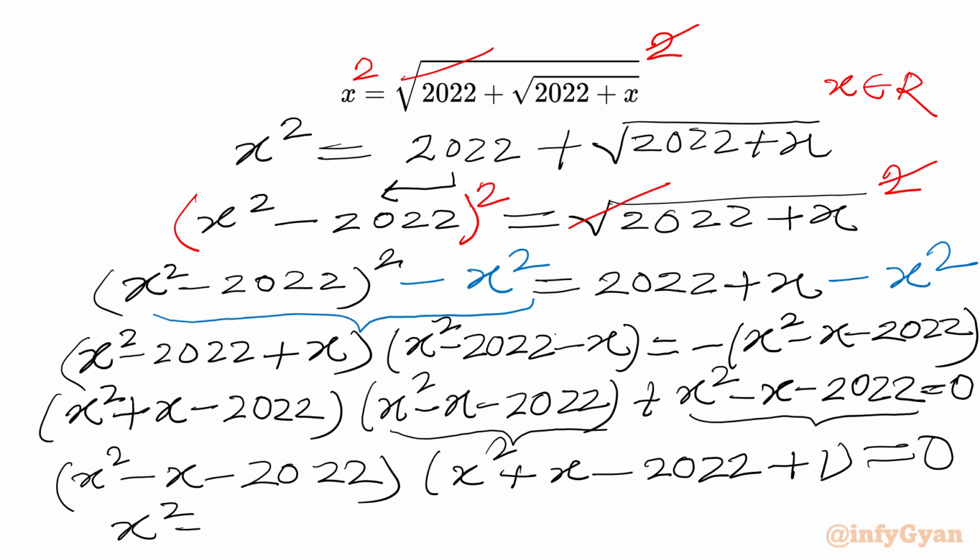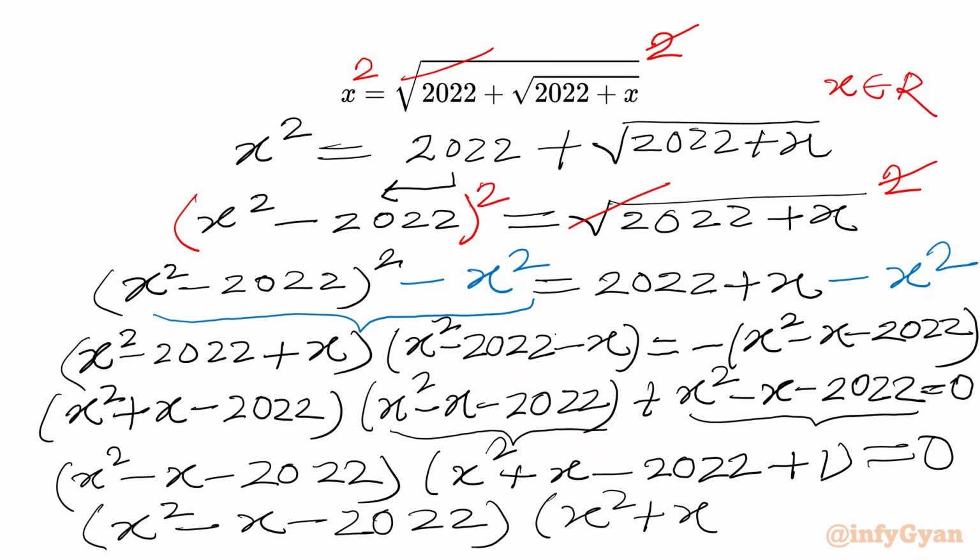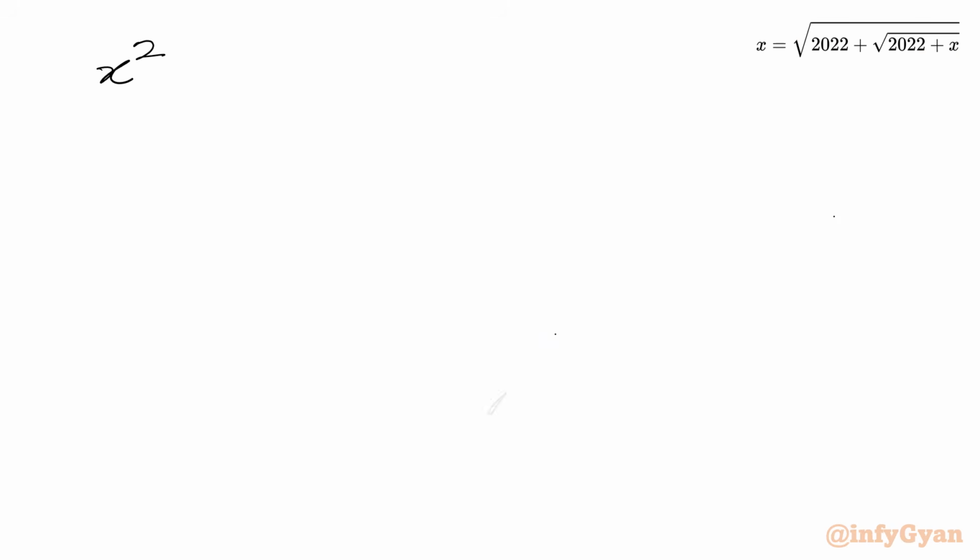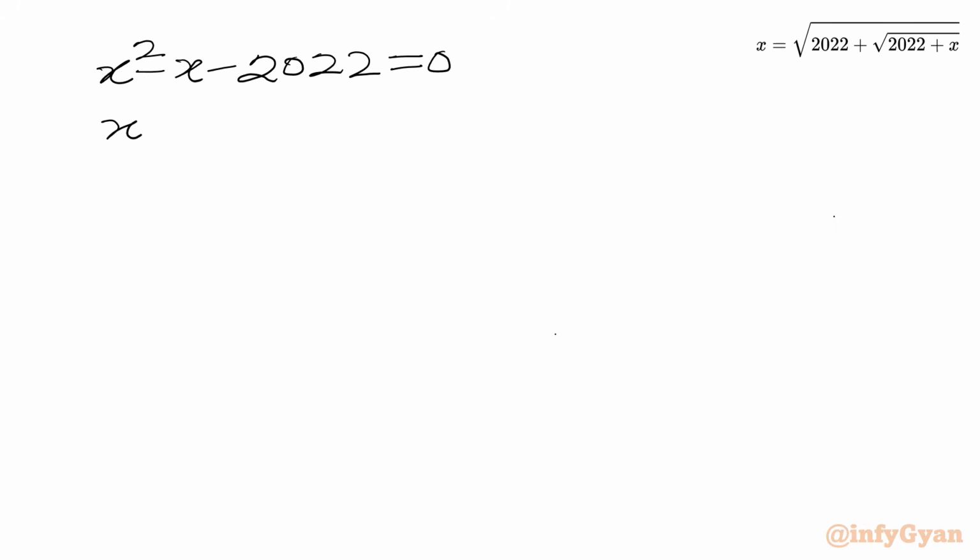Or we can write x square minus x minus 2022 times x square plus x minus 2021 equal to 0. Now we can think about the product zero rule. We will say either x square minus x minus 2022 should be 0, or x square plus x minus 2021 should be equal to 0.